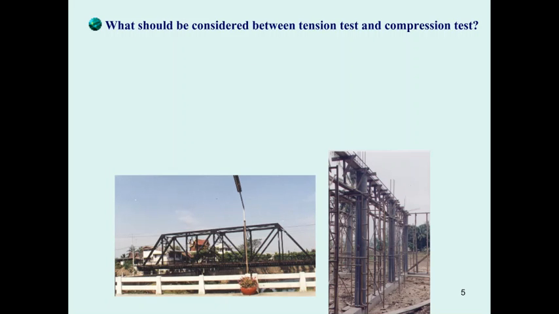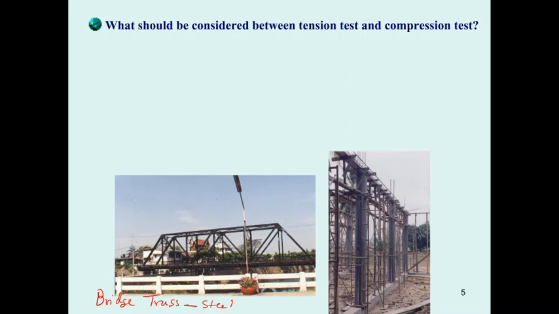What should we consider between the tension test and compression test? As you may see, we have many structures built from steel, and this is one of them, a bridge truss made of steel.